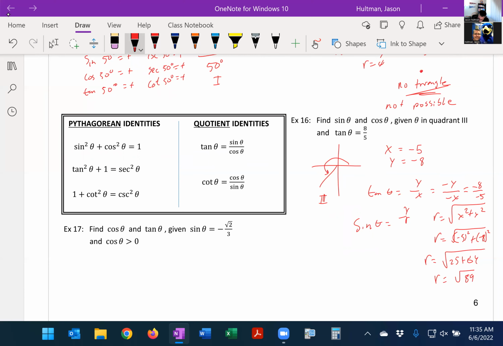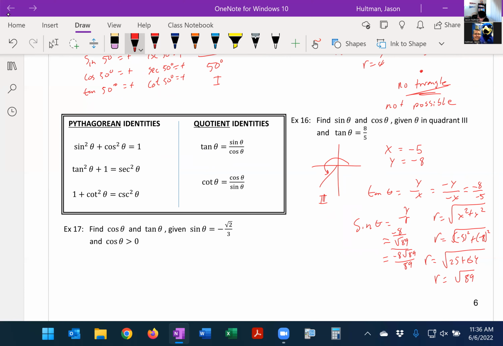Okay, and so the sine is going to be y, which is negative 8 over the square root of 89. And then I can rationalize that denominator if I want. So this becomes negative 8 radical 89 over 89, and that does not reduce.